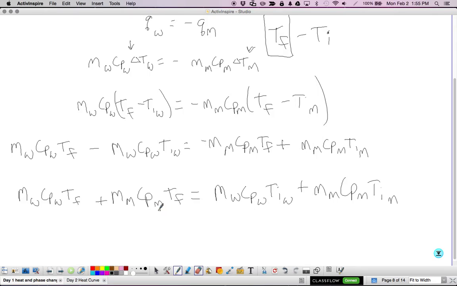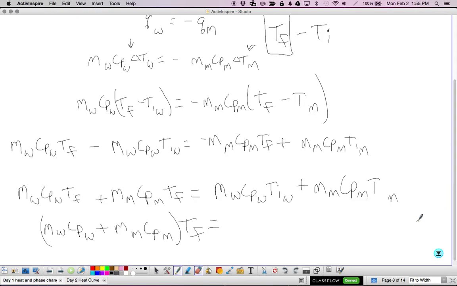At this point, I can combine like terms. T final times mass of water, C_P water, plus mass of metal, C_P metal, equals all this stuff.